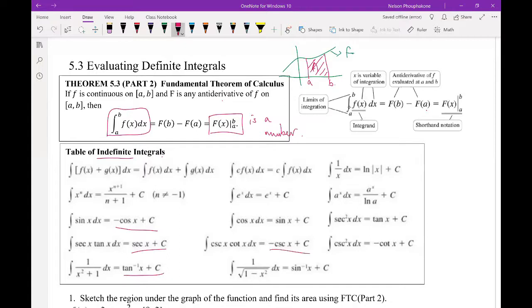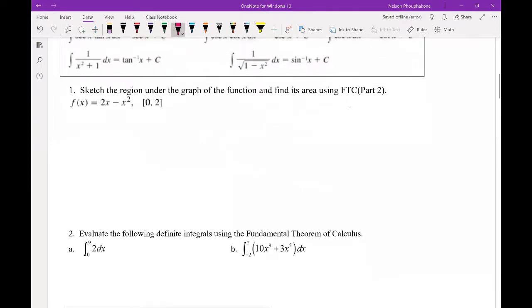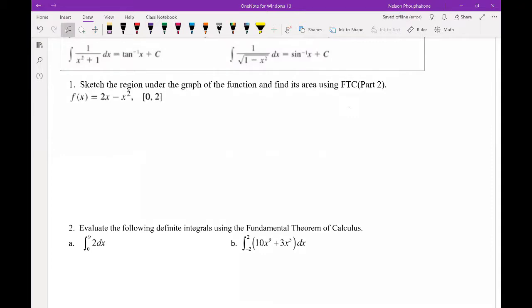So you have to be careful about the terminology. For the indefinite integral, the result is a function plus a constant c. The definite integral is a number.